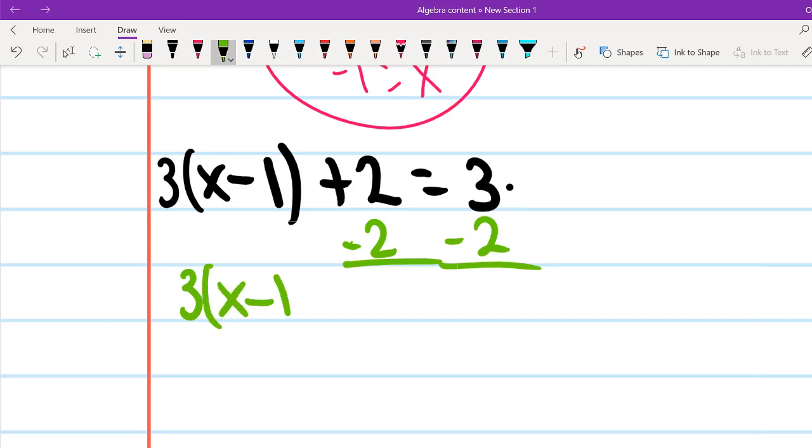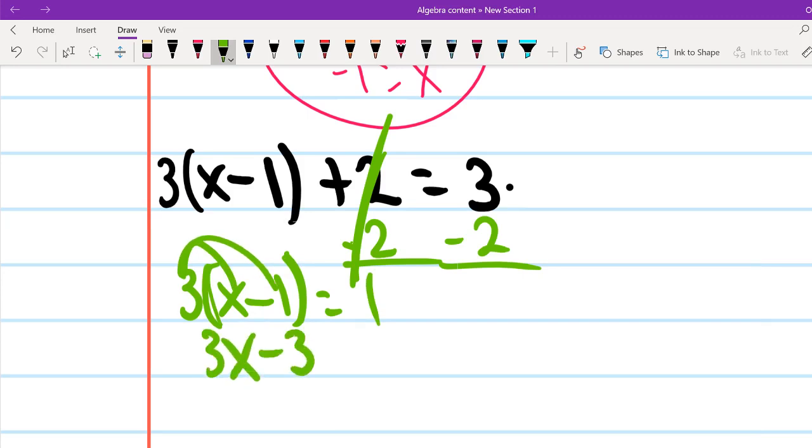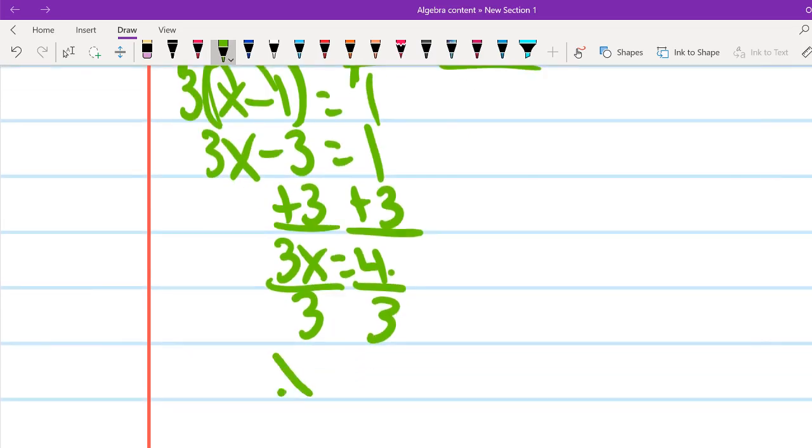You can still put it like this, and then you would cross this part out, and you would say 3 times the quantity x minus 1 equals 1, and then you would say 3x minus 3 equals 1, and then you would add 3 on each side, so you get 3x equals 4. And then you would get x equals 4/3.